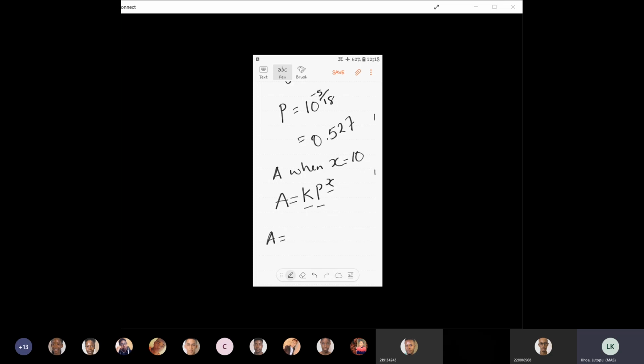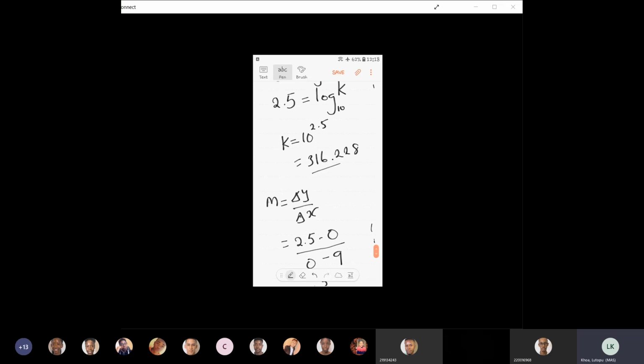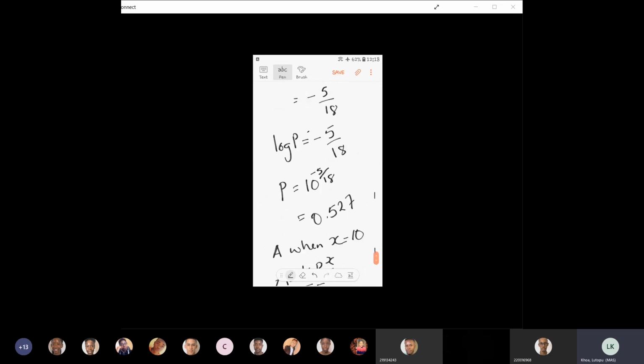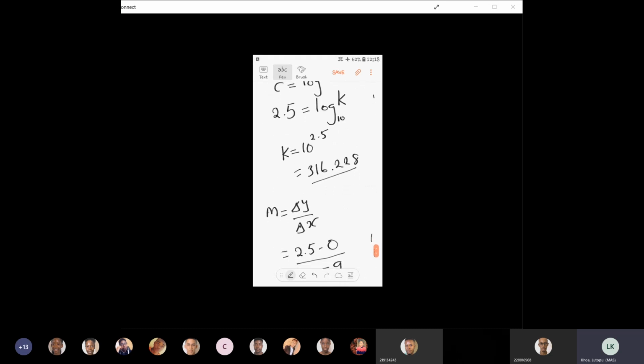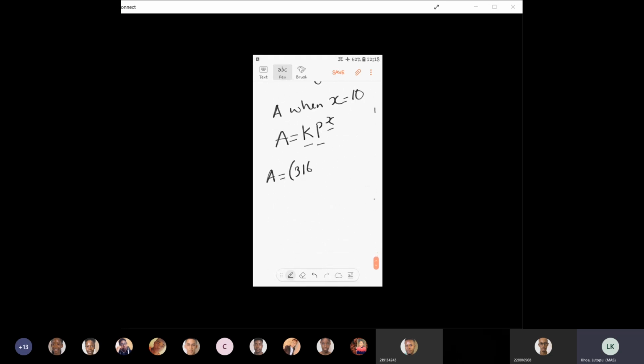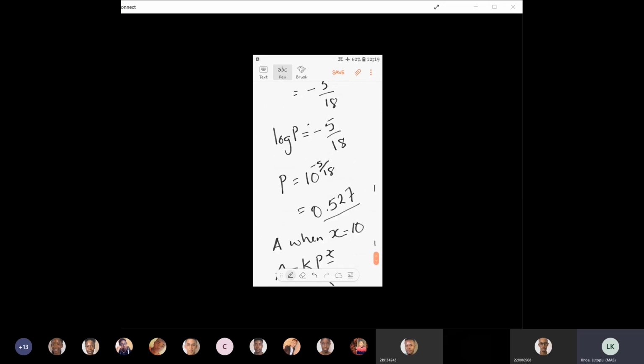Scroll down. We got 316. Let me show you over here. There it is. That's the value of K that we got, 316.228. And then the value of P we got, there it is.